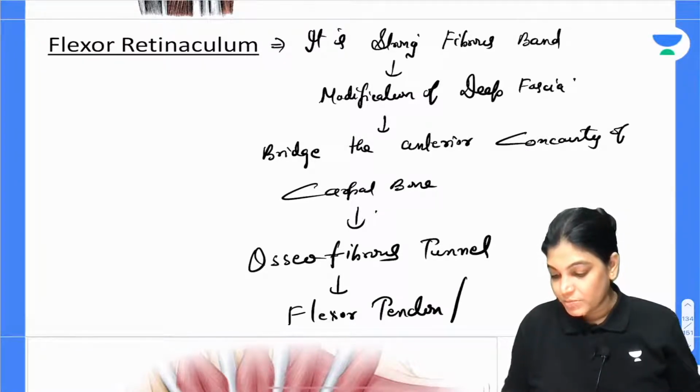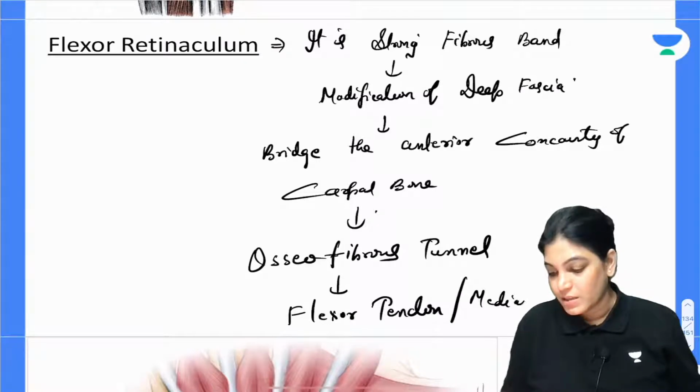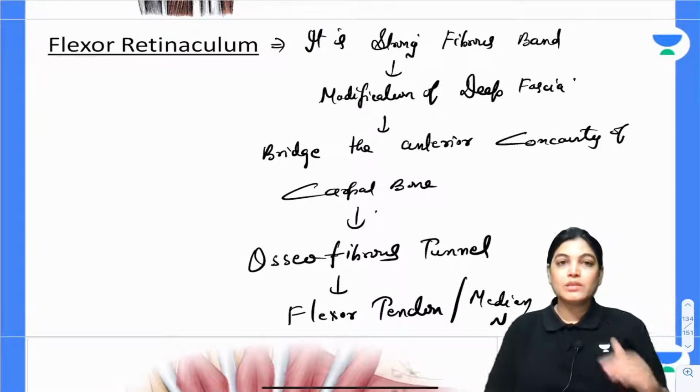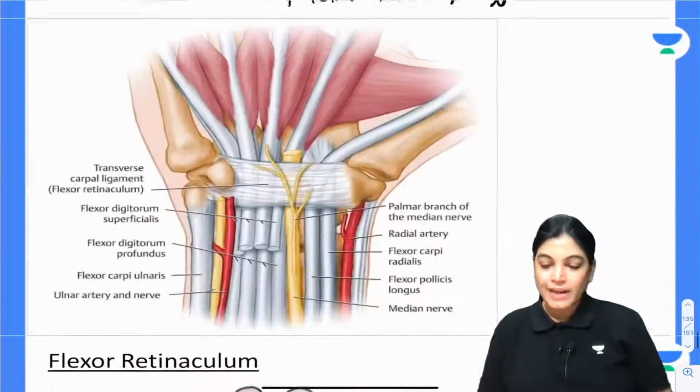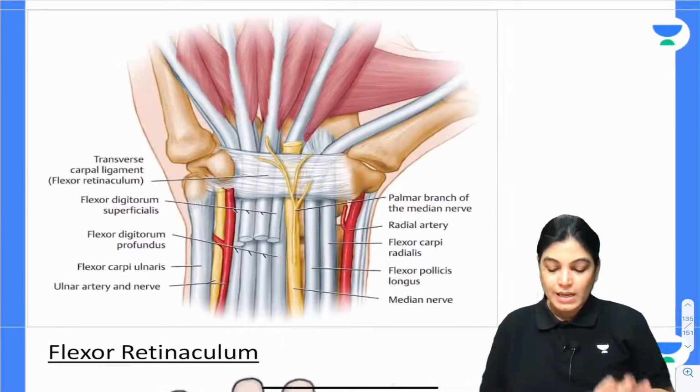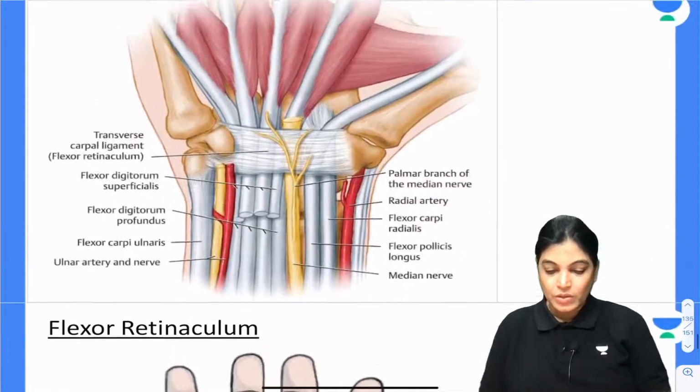Along with the flexor tendons, the median nerve also traverses through this osteofibrous tunnel.